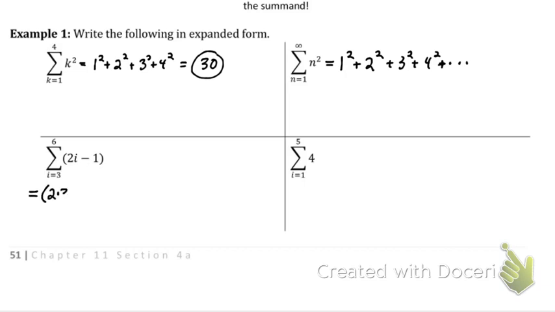We'll have 2 times 3 minus 1, plus 2 times 4 minus 1, plus 2 times 5 minus 1, plus 2 times 6 minus 1. Now I'd probably take out my calculator and plug all that in. What would this equal? Jacob?